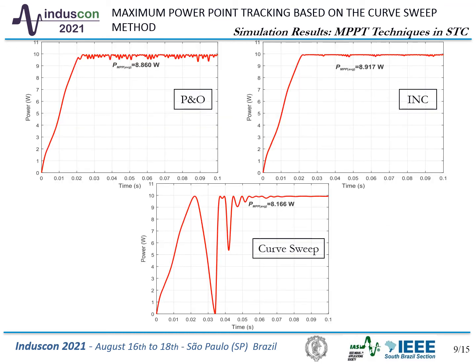Here we have some results for comparing three techniques that are P&O, INC, and the proposed method. A time window of 0.1 second is adopted from the moment that the system is turned on until the maximum power is determined in steady state condition.